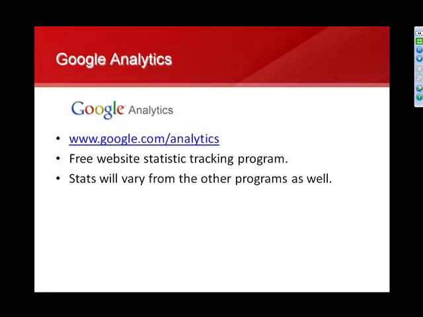I personally recommend that you use this in conjunction with your other tracking programs that your hosting company provides. Especially if you're on GoDaddy, I would highly recommend you use Google Analytics because there's no need to pay for their upgrade. The stats will vary from the other programs as well, so keep that in mind. So, just be prepared that your stats will be quite a bit different.